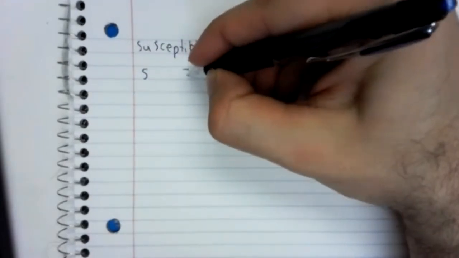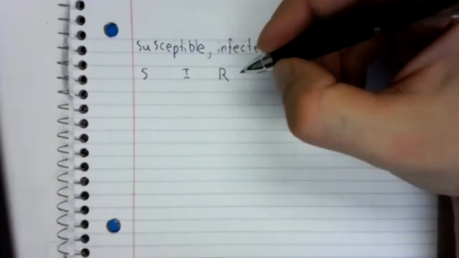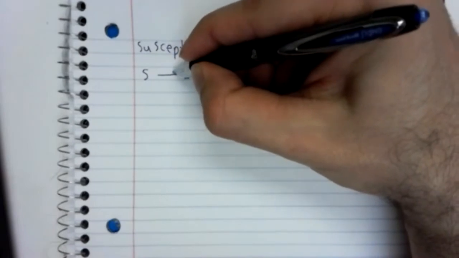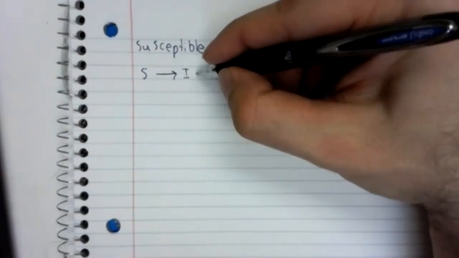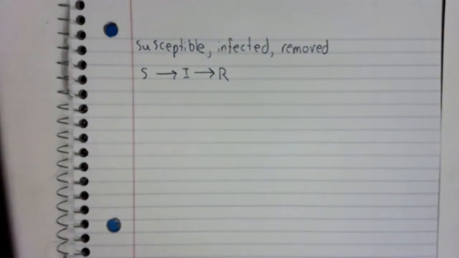We'll call these categories S, I, and R. People can pass from S to I, and they can go from I to R.